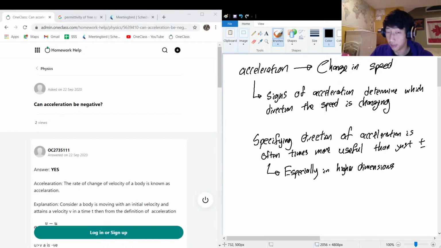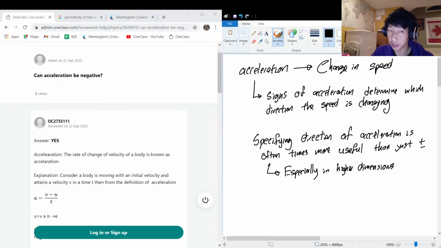But still keep in mind positive and negative acceleration. You've got to put that together in your mind and think about how the velocity is changing.